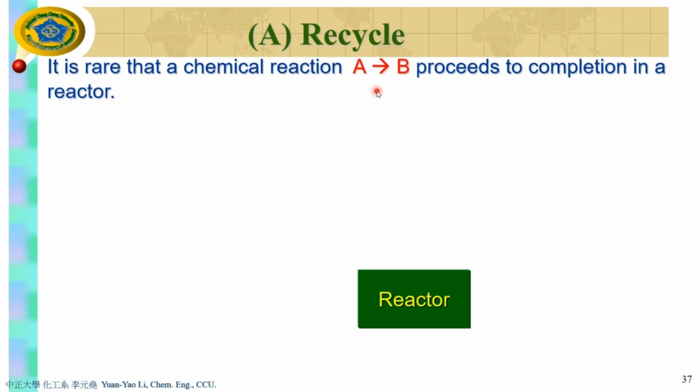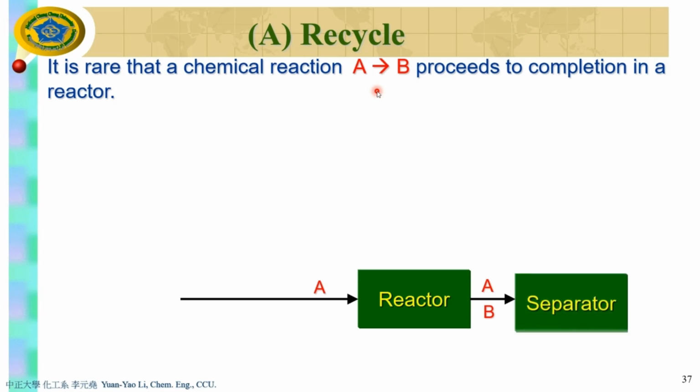It might be very, very cheap. So as a result, if we feed A into this reactor and it comes out as A and B, where A might be 20% and B might be 80%, and we are not happy with this product, then what's next? We will have a separator, right? If we are able to separate A and B from each other, then we have done a good job.